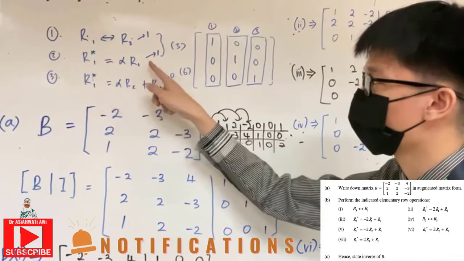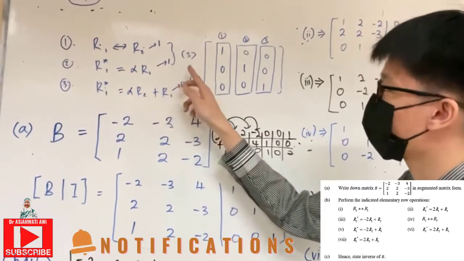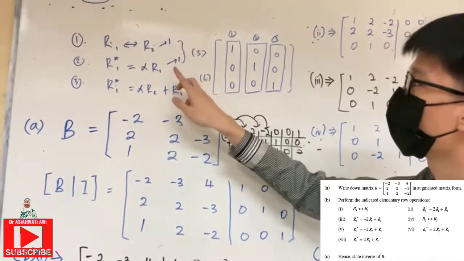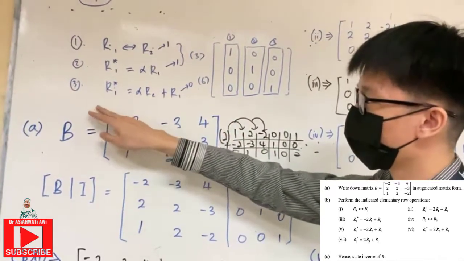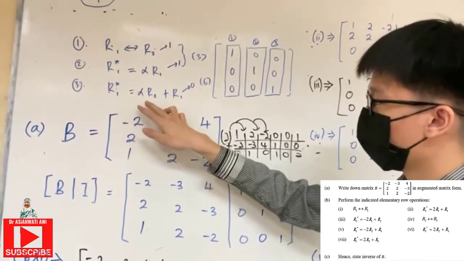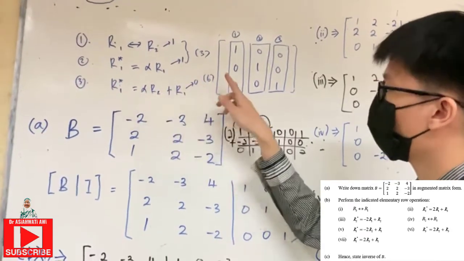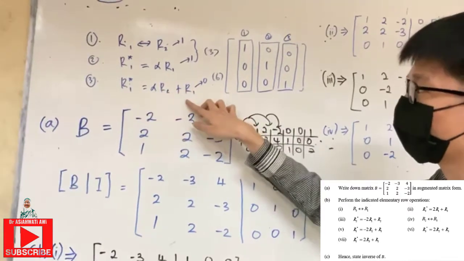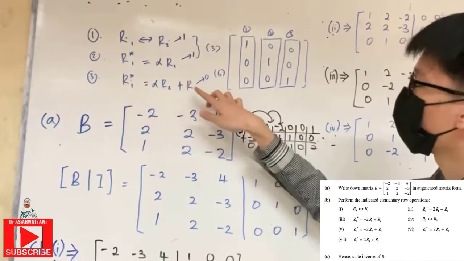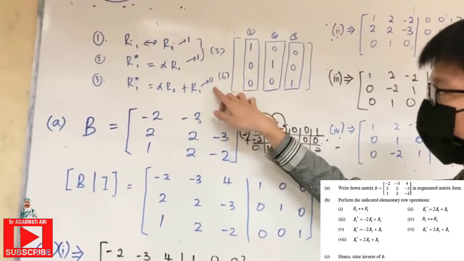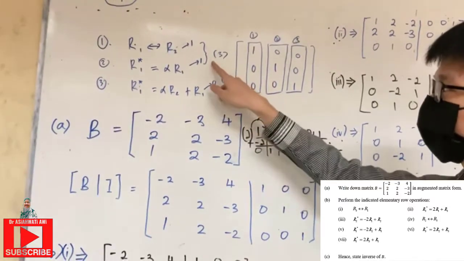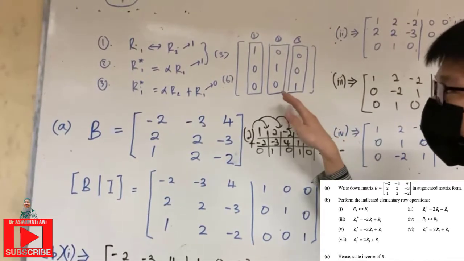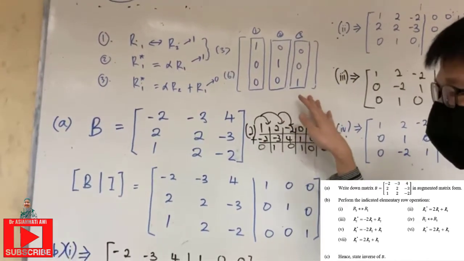This method also makes the element become 1. The third method is to multiply any one of the rows by a constant, and then add that to the original row. This one is to get 0. So in total we need to do 9 steps because there are 9 elements in a 3x3 matrix.